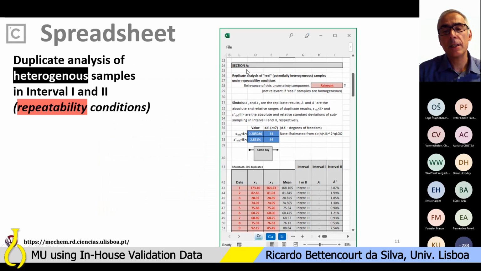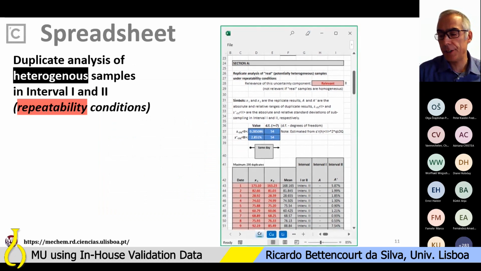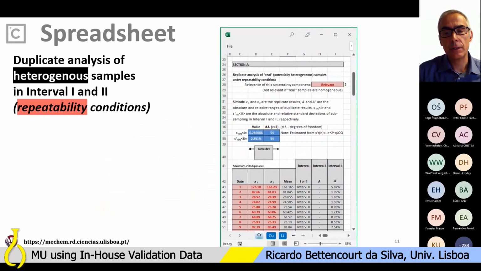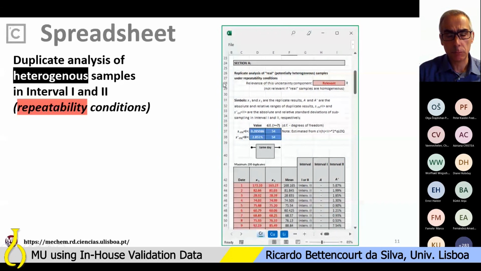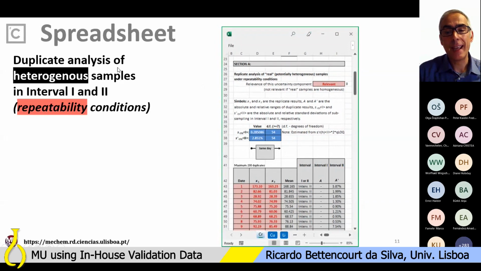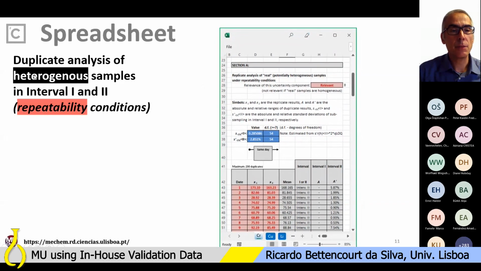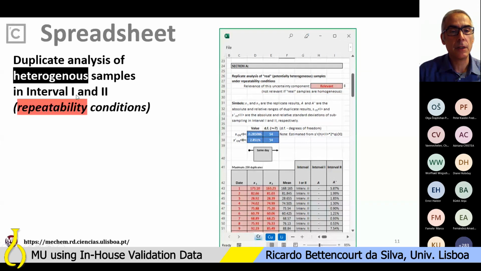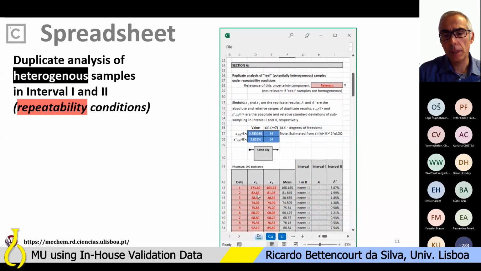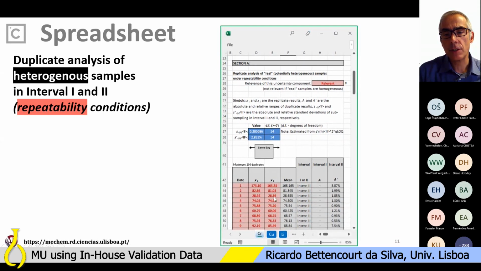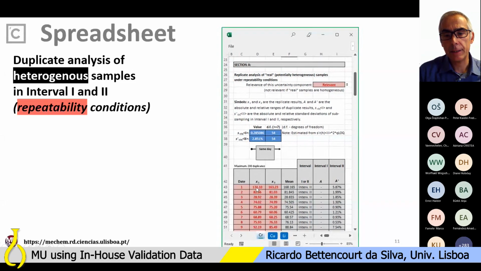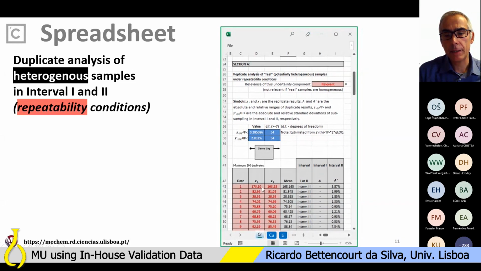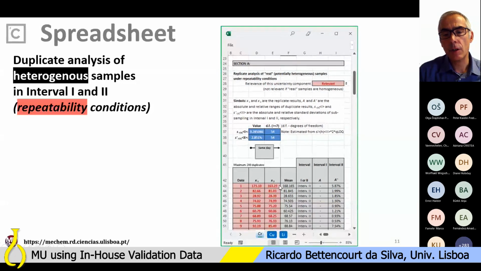Section A, the second section in the right corner of this spreadsheet. In this section, you should enter duplicates from the analysis of heterogeneous samples in interval 1 and 2. So same day, you can see here that the replicates are obtained in the same day in different columns.